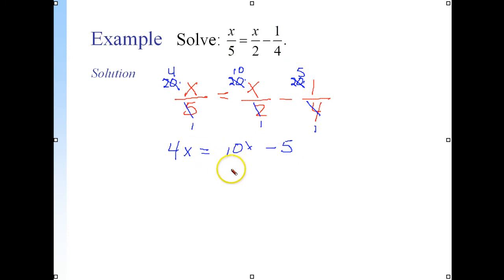And you should check your work. We want our x's to be positive, so I'm going to transpose this. This gives me a 6x there. Transpose that. This gives me a positive 5 there. Divide both sides by 6. I get x equals 5/6.